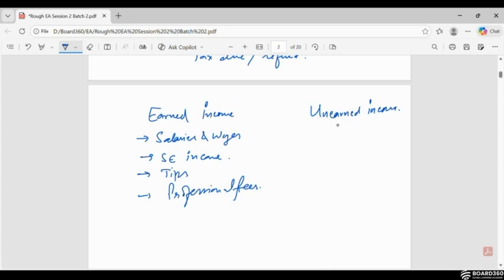On the other side, unearned income is the kind of sitting income. You don't have to work, still you get this income, like portfolio income. Portfolio income includes interest, dividends, capital gains, or passive income.